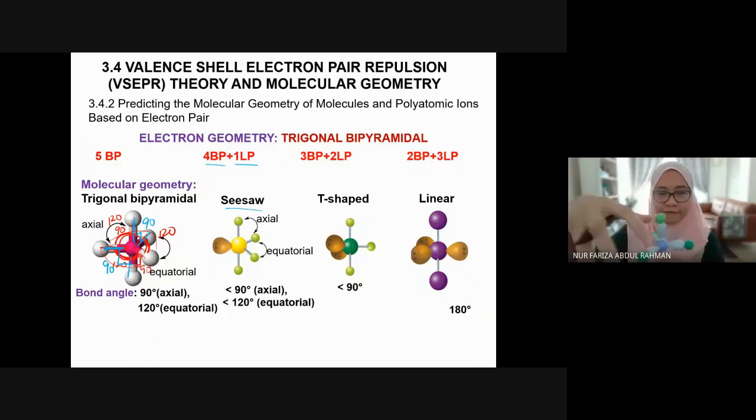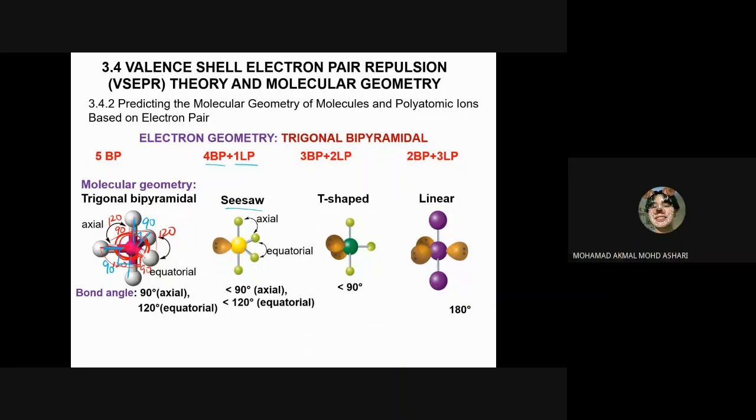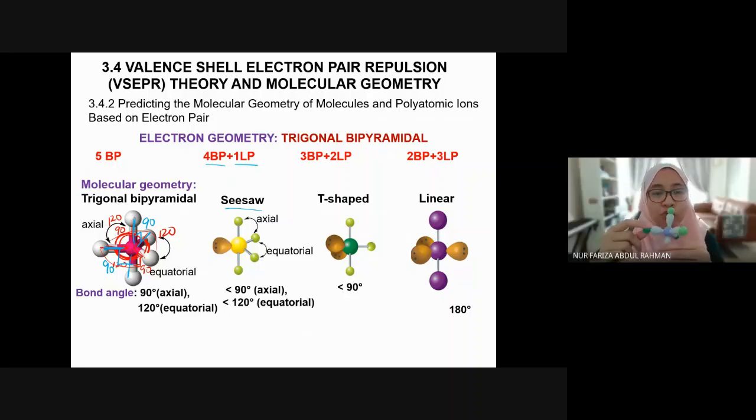So remember we have the equatorial position and the axial position. Where should we place the lone pair? Remember the target is to minimize the repulsion. The target is to minimize the repulsion. So where should we place the lone pair, guys? In the equatorial position? Yes, in the equatorial position. Why is that so? Because at the equatorial position, the bond angle is 120.